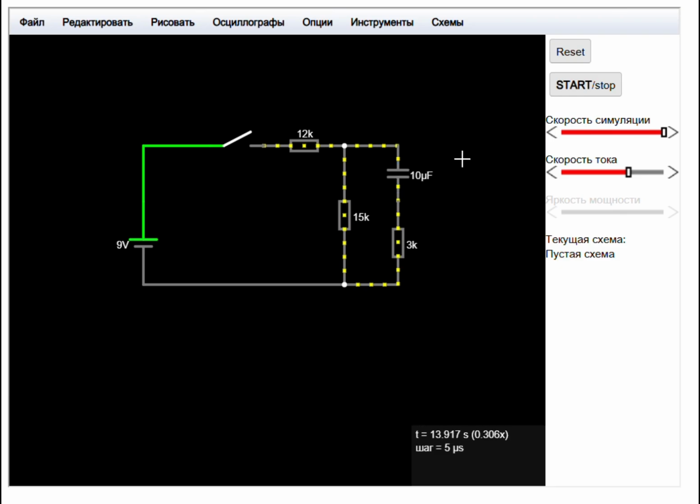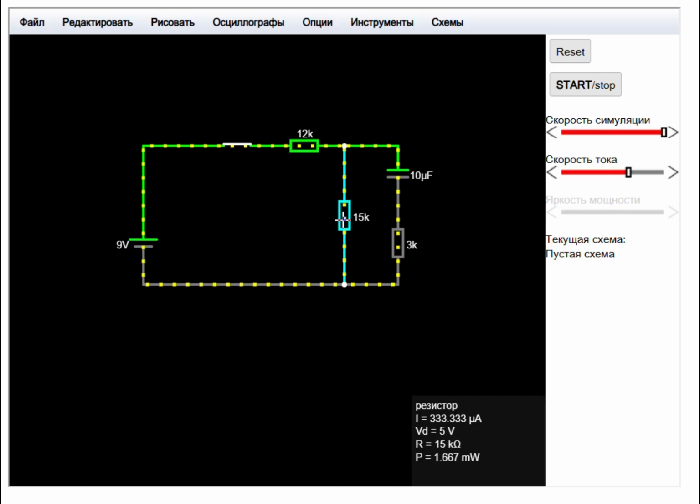In general, we can see that our circuit already works. Our solution is actually right, because as I showed you, here 5 volts and here 5 volts, they are equal.